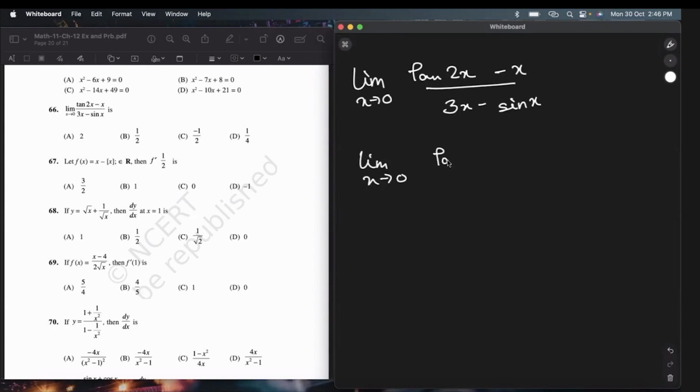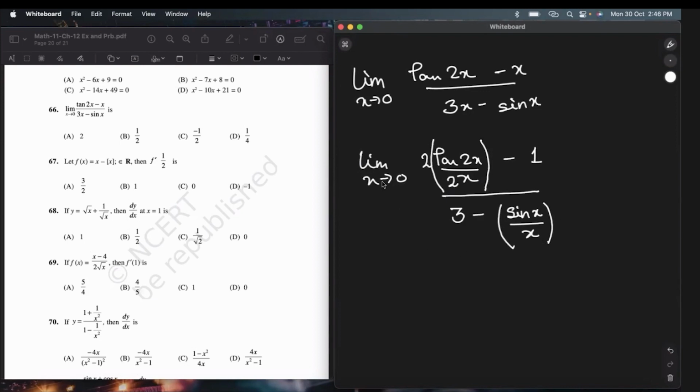It will be tan 2x divided by x minus x divided by x, over 3x divided by x minus sin x divided by x. Now, if I divide and multiply by 2, it is tan 2x by 2x, and this is sin x by x.